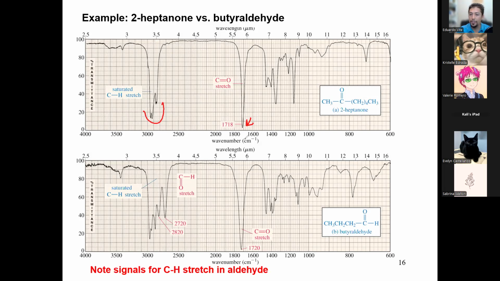Look at 1700 plus minus 50. If you see a signal that is very strong, almost to the floor, that is about 90% of the time a carbonyl signal. So look at the bottom one, butyraldehyde, right? You have this carbon double bond oxygen, and look, it's at 1720. It's almost touching the axis as well. So this is your carbonyl C=O stretch. Are we okay with this so far?